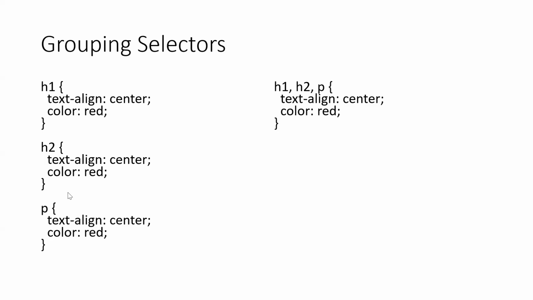So if you want to apply similar styles for the three, remember the way we have used earlier is every element we put a style attribute. If you remember what we have done up to now, in this case we will have them separate, but instead of putting them separate, you can group them.